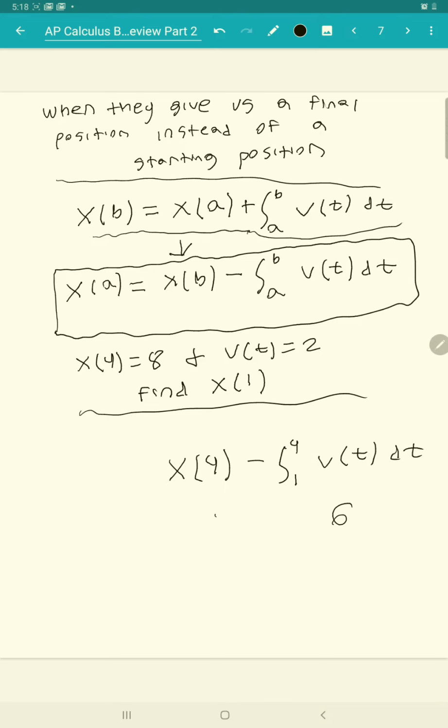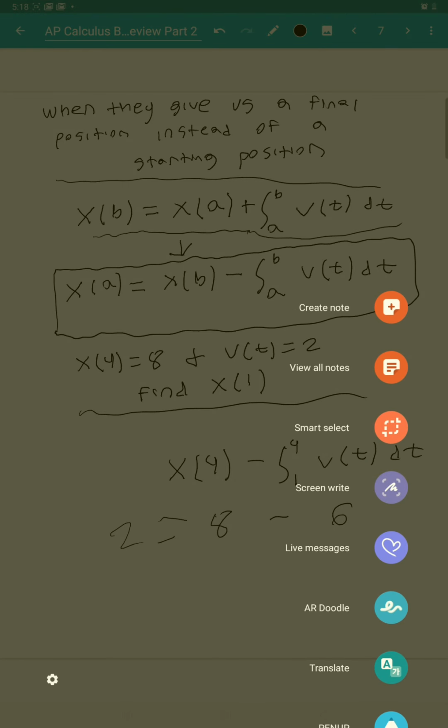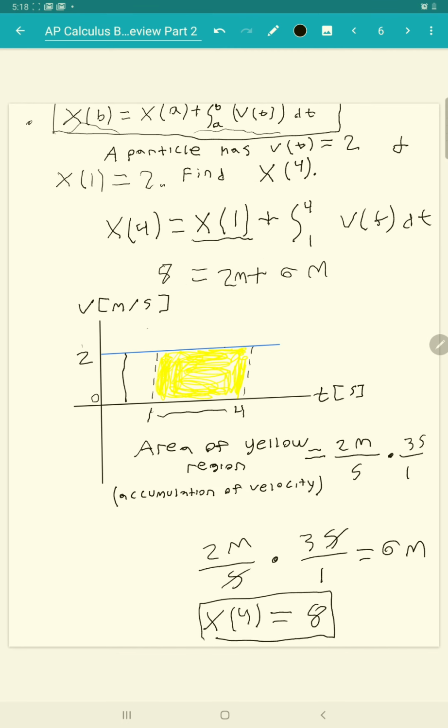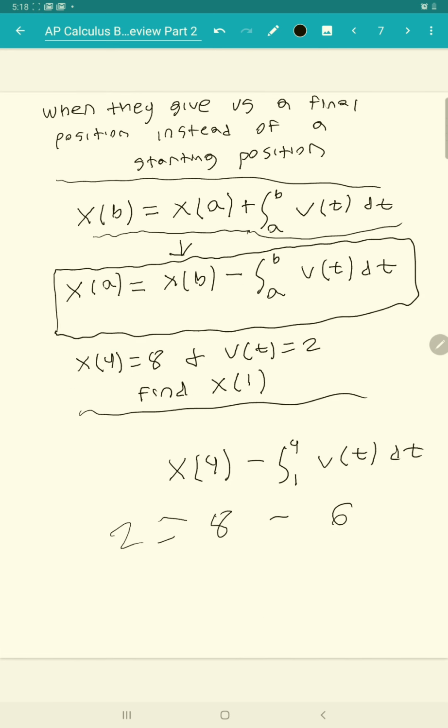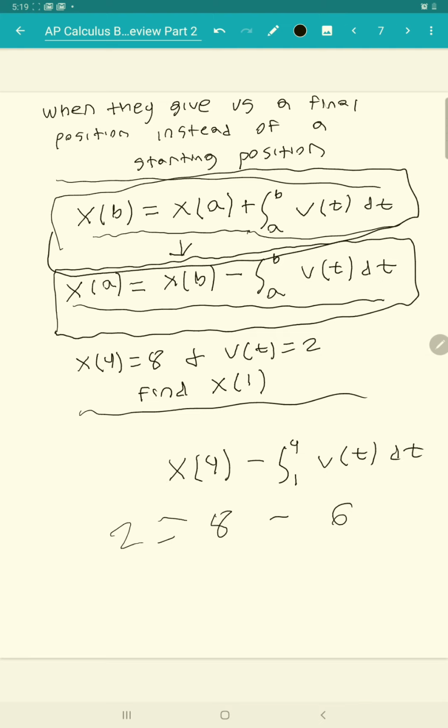And we know that this equals 8. So 8 minus 6, and that equals 2. Which is what we were given in the first place. So this is the formula. We can use this formula when they give us a final position and the velocity graph. And this formula is the formula that we can use when we are given the starting position and its velocity graph, and we are trying to find the final position.